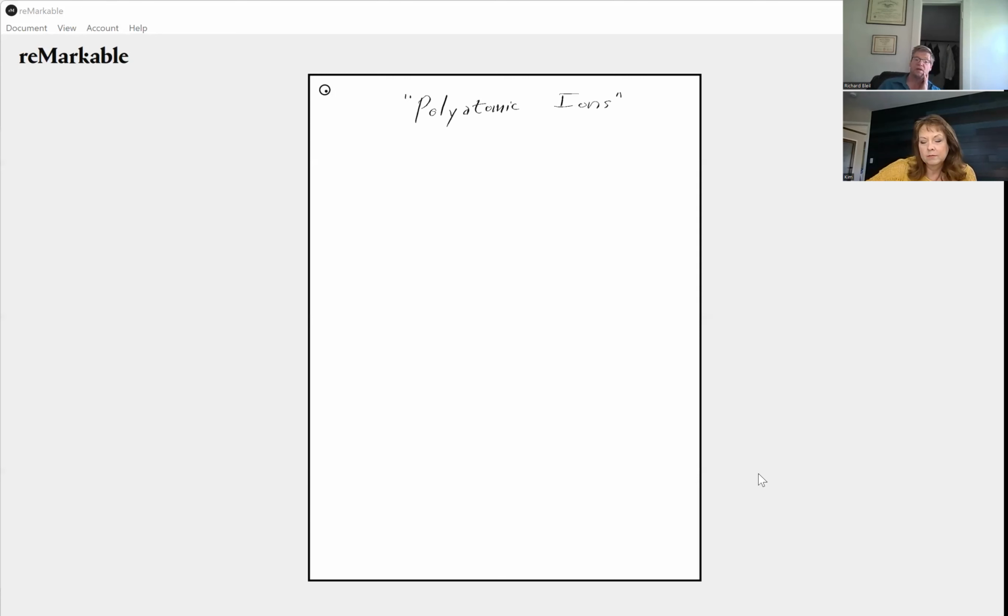Polyatomic ions have picked up or lost electrons, but are covalently bonded to each other. These are special ions, and professors will sometimes give a list. I've seen lists as long as 20 plus polyatomic ions, and they ask the students to memorize the names, the formulas, and the charges.